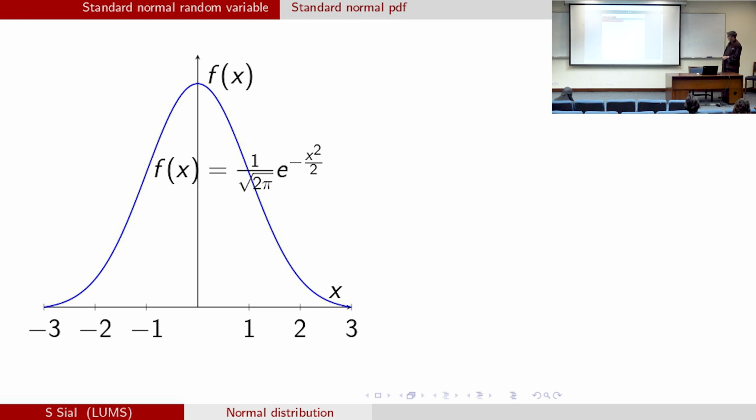Why? Because you're squaring things there, so x and minus x give you the same result, and it's peaked at x equals 0. Otherwise we often refer to this as the bell curve.